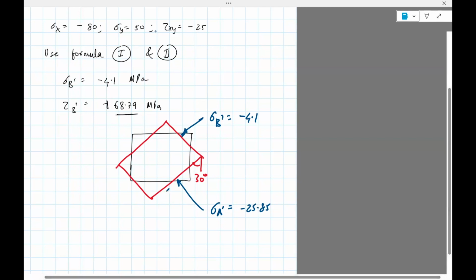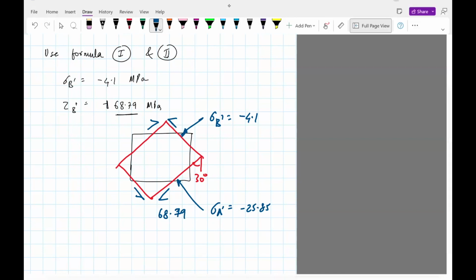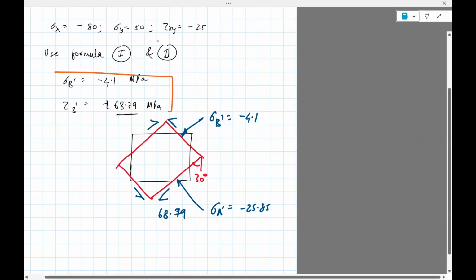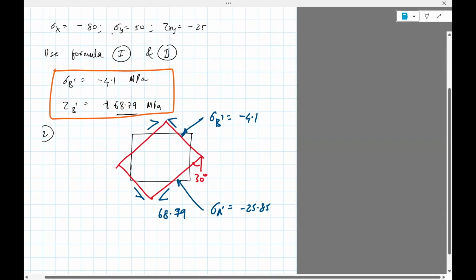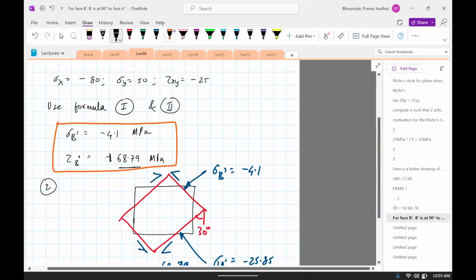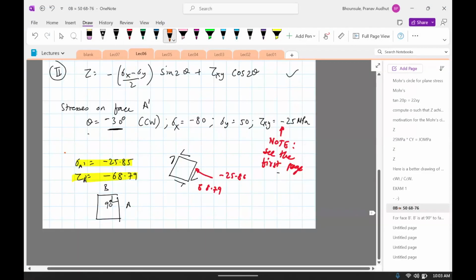The shear stress, which is in this direction, is 68.79. This is the answer to part 2. Then this and this answer is the solution to part 1.